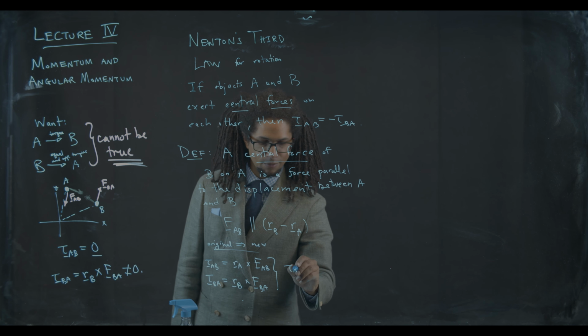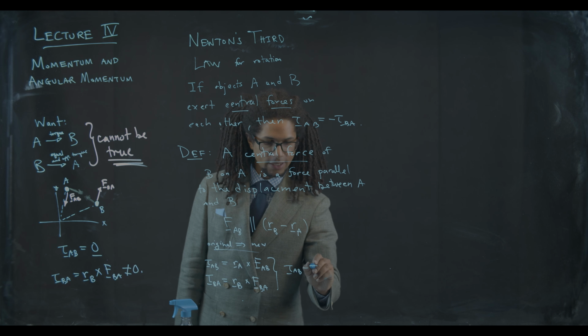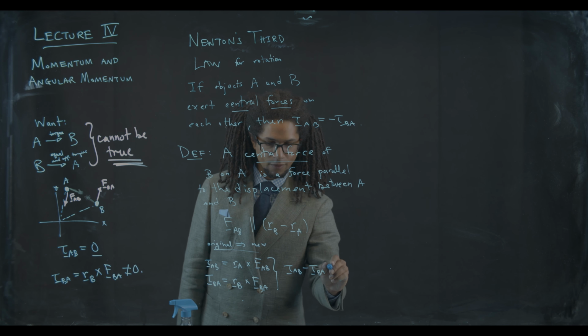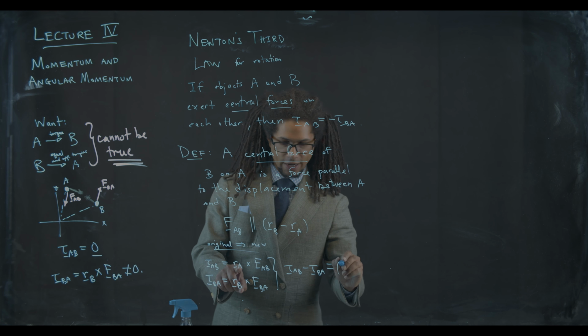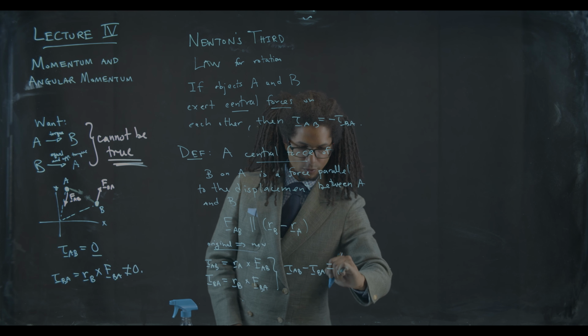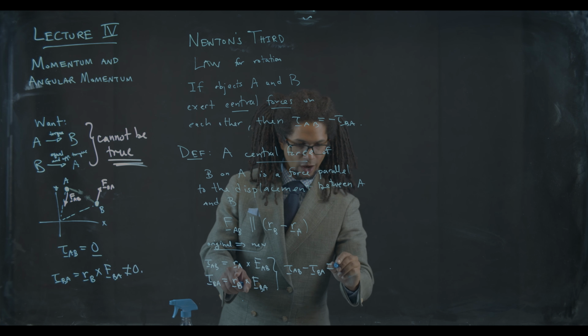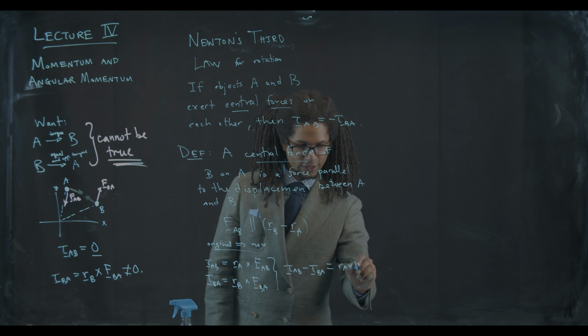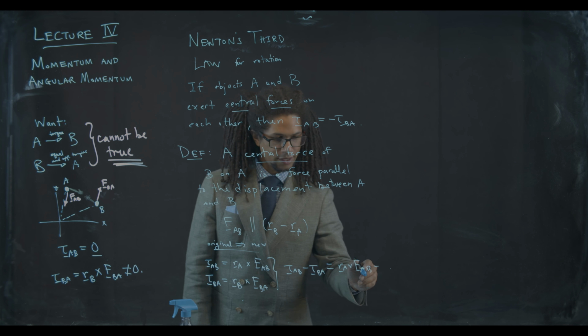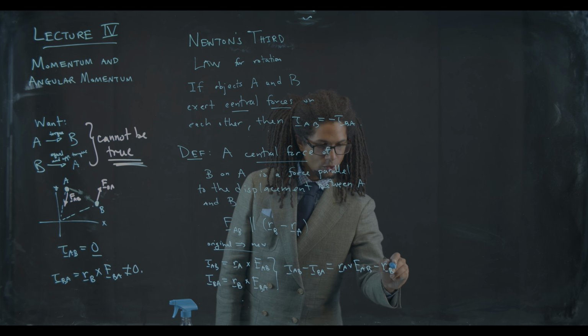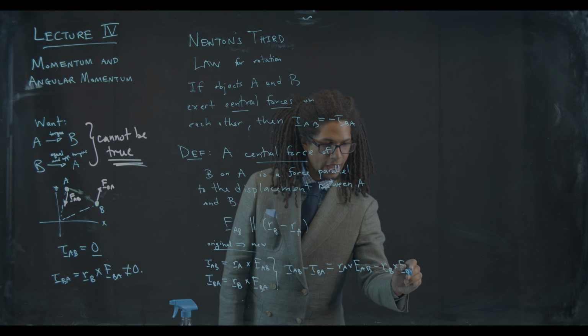So we get tau_AB minus tau_BA is equal to r_A cross F_AB minus r_B cross F_BA.